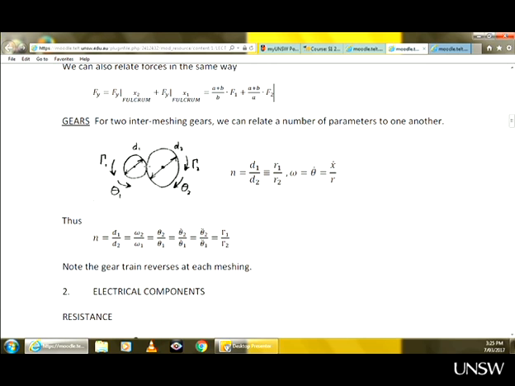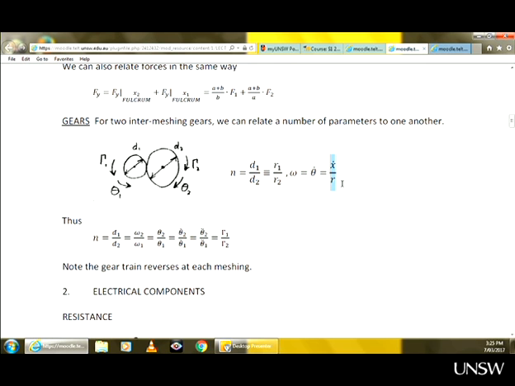Gears, or not necessarily gears, you can have drums that use friction, but anyway, two rotational objects that are meshed together. So the tangential displacements are the same for each of the gears, each of the drums. Gearing ratio is defined as the ratio of the two diameters, which is the same as the ratio of the two radii. Remember, angular velocity, theta dot, would be equal to x dot divided by r.